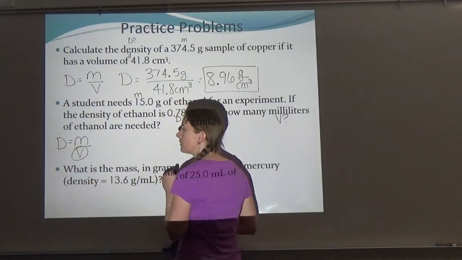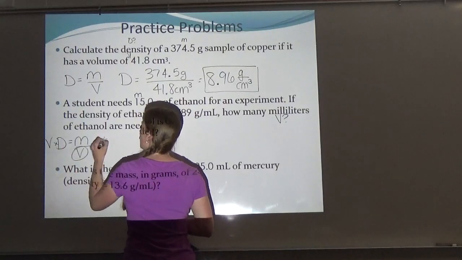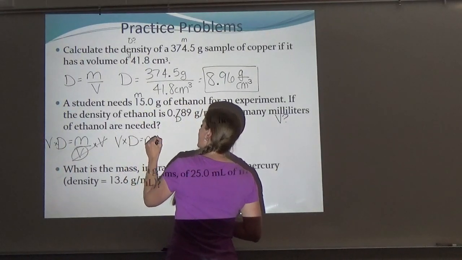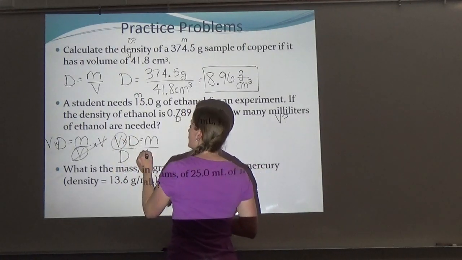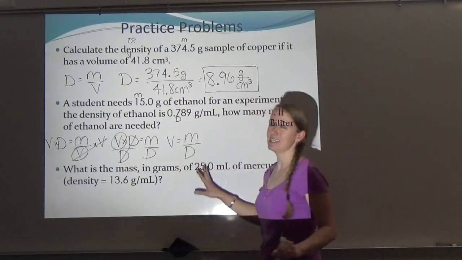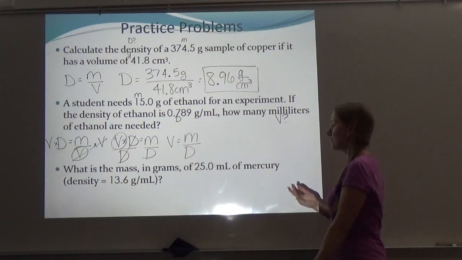But I don't want to solve for volume in the denominator, so the first thing I want to do is get it in the numerator by moving it to the other side. So volume times density equals mass, but since I'm solving for volume, I still want it to be alone. So I will divide density to the other side. So like I said, y'all, I'm not going to spend time showing you how to rearrange a formula in this lesson video. We got other things to talk about.